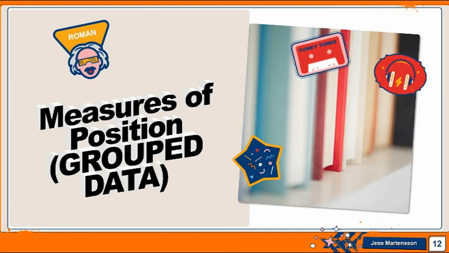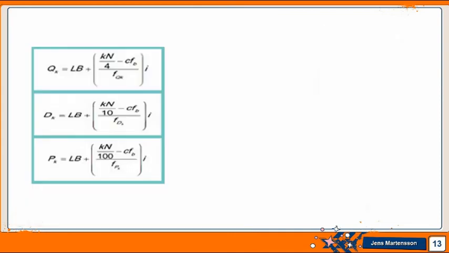So next, we have the measures of position for grouped data. For grouped data, we have Q of K is equal to lower boundary plus parenthesis K N over 4 minus CF of the lower boundary over F of Q K times I or the interval.